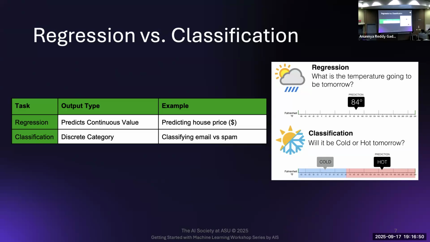On the right side, you can see it asks what the temperature is going to be tomorrow, and it predicts 84 degrees. So regression gives you a number as output. Whereas classification just tells you if it's hot or cold. If you ask whether it will be cold or hot tomorrow, it just predicts cold. This is a number, and this is a category. Good. Any questions?